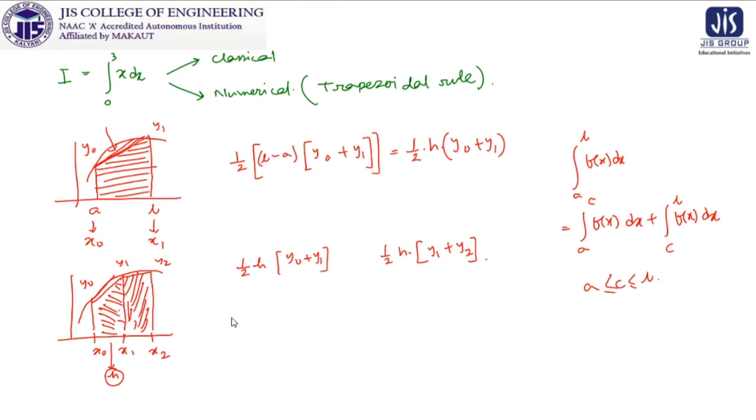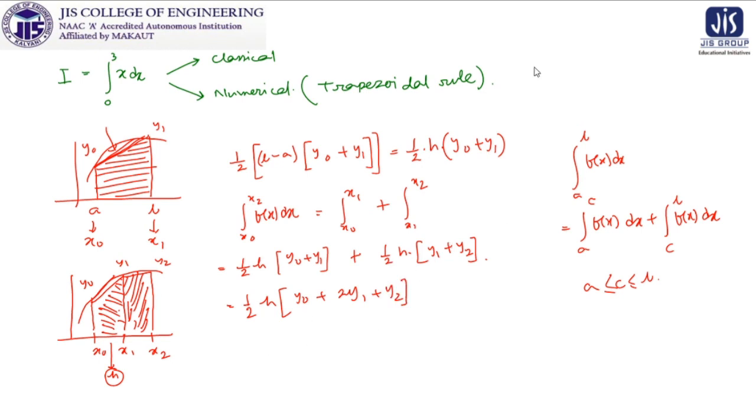So here also, if my target is the integral from x0 to x2 of f(x) dx, I can write it as x0 to x1 plus x1 to x2, and the results will be added and you will get half h (y0 plus 2y1 plus y2).